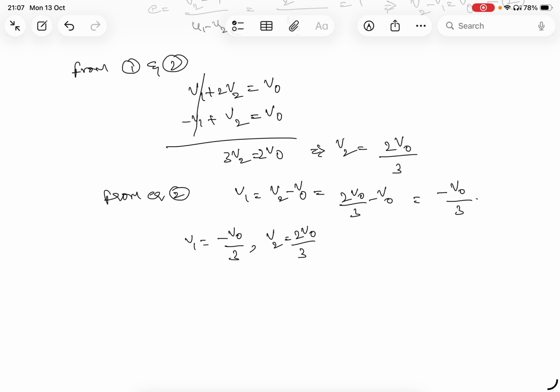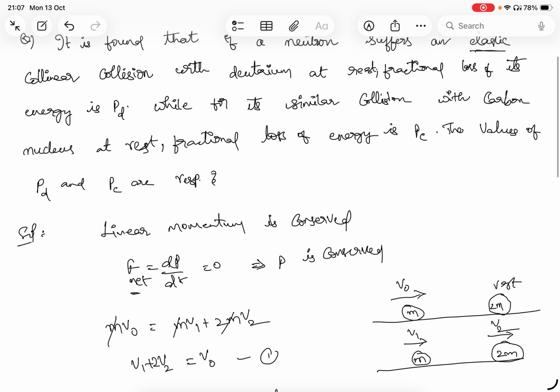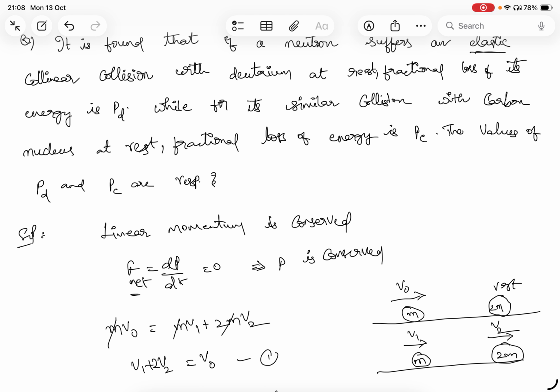Now it was asked that the fractional loss of its energy is PD.